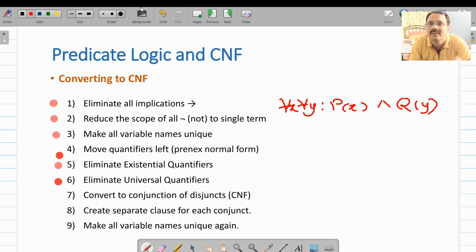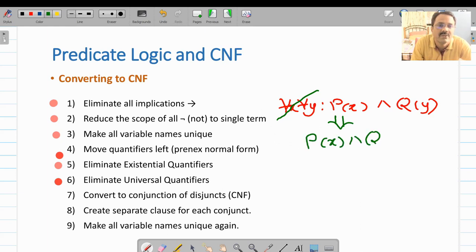Now our job is you have to eliminate this universal quantifier. So simply you can remove them because variables are already standardized, and I can write the same thing in this way. This is equivalent to P of x and Q of y. No problem because all variables are standardized. So that's how, if required, you apply step number 6.